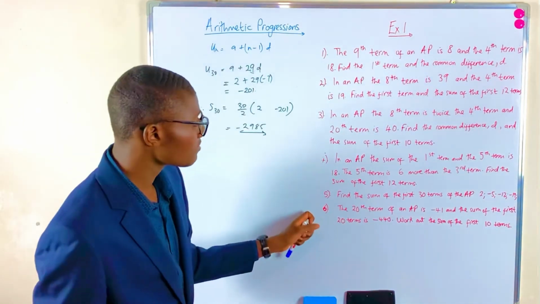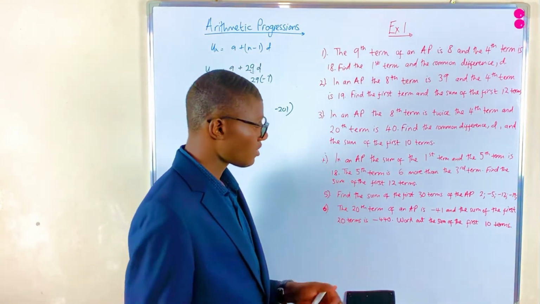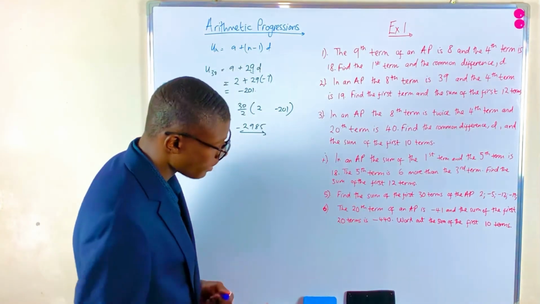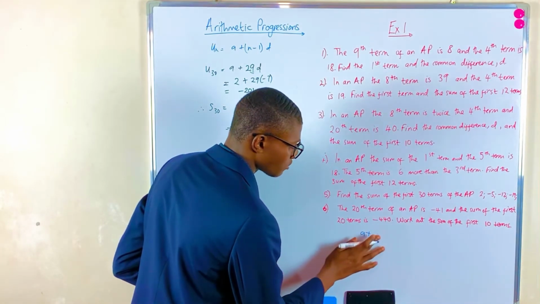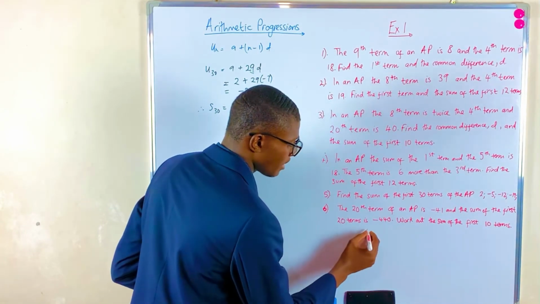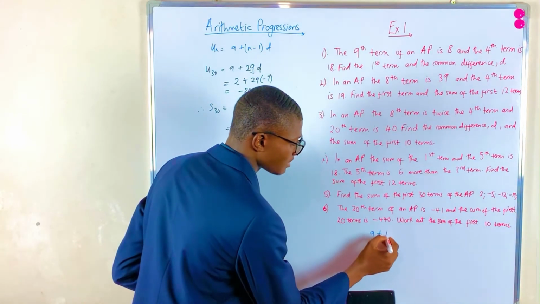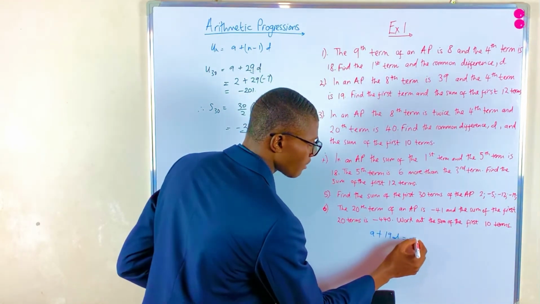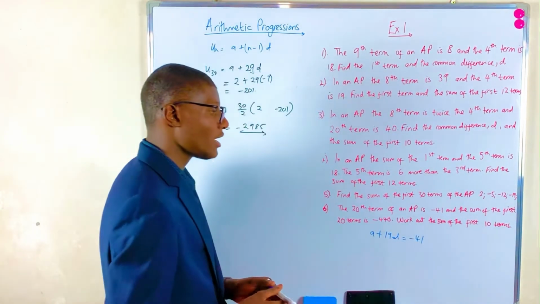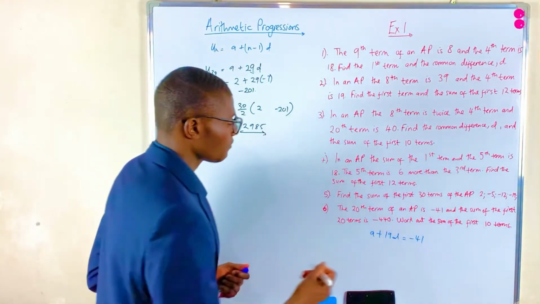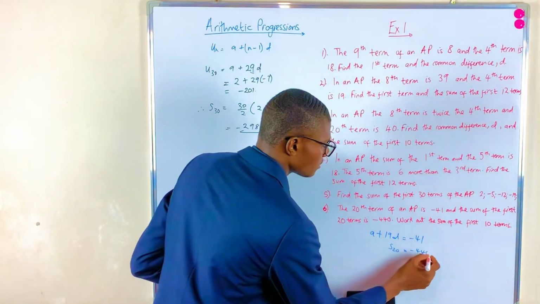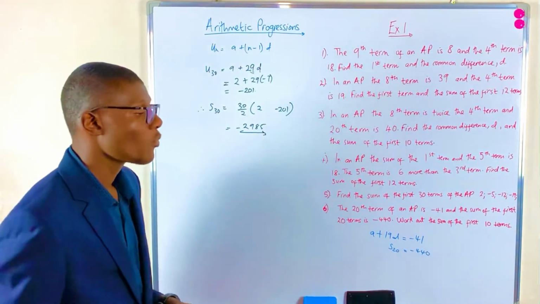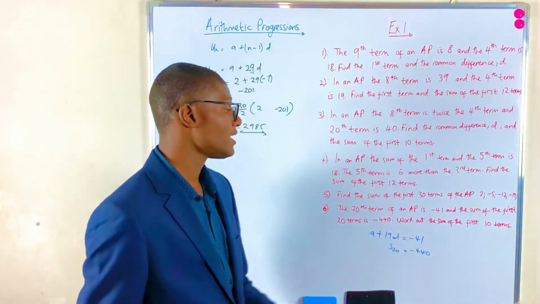And then now for number 6, the 20th term of an AP is minus 41. So we're saying the 20th term will be a plus 19d is equal to minus 41, right? And the sum of the first 20 terms is equal to minus 140. We need the sum of the first 10 terms, right?